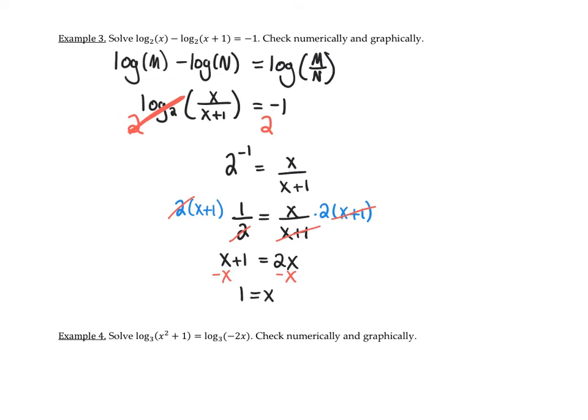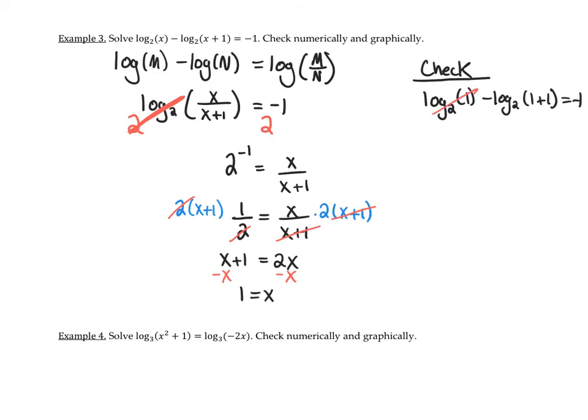So the instructions say to check numerically and graphically. To check numerically, or algebraically, we're just going to plug the answer that I got into the original equation. So log base 2 of 1 minus log base 2 of 1 plus 1 equals negative 1.